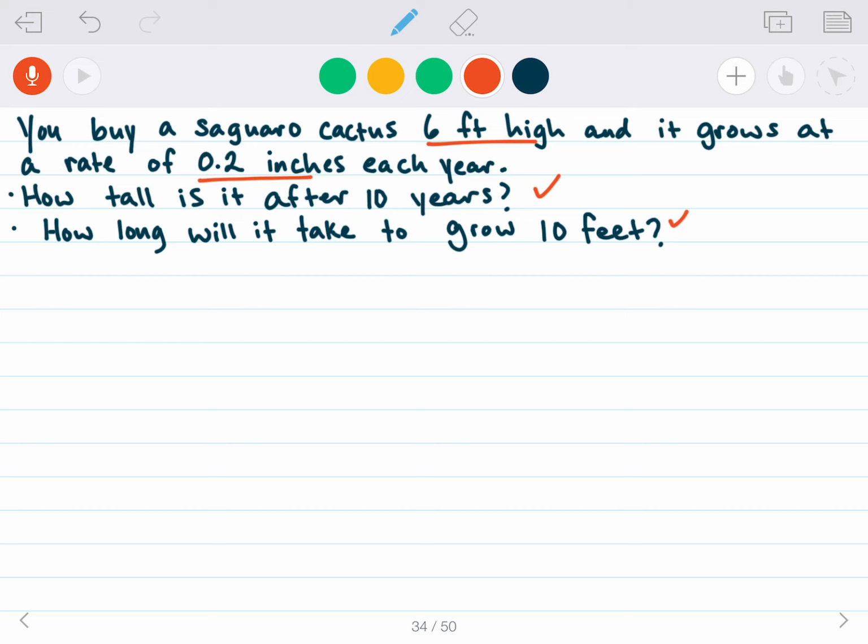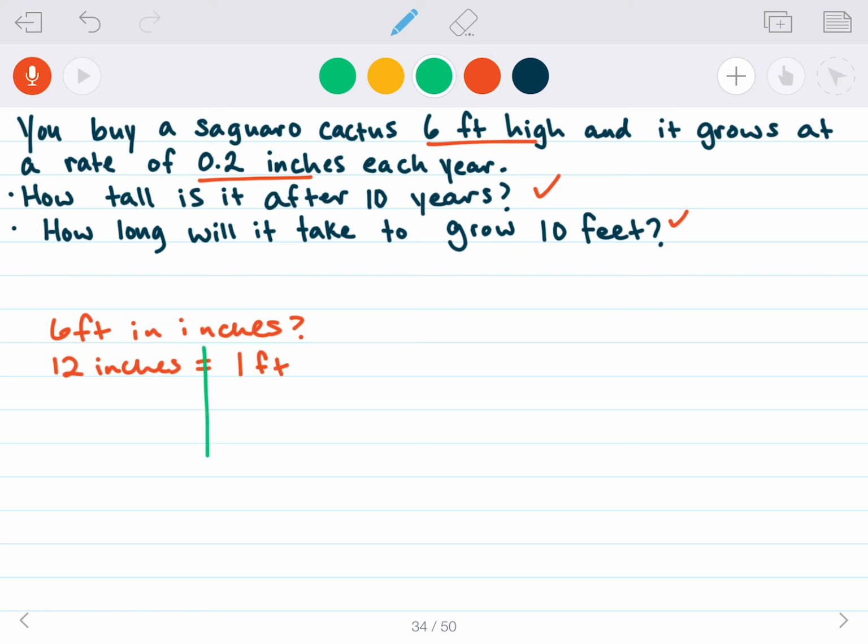So, first thing I would do is put everything into inches. So, we want to ask ourselves, what is 6 feet in inches? Well, we know that there's 12 inches in 1 foot.